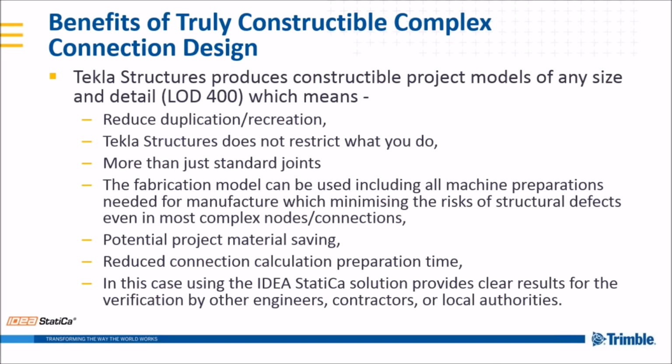Obviously, as already mentioned, the fabrication model can be used, including all material, bolts and welds information for efficiency. Combined connections and manually added stiffeners can be adopted rather than just standard joints. That fabrication model, complete with all machine preparations needed for manufacture, can be used to minimize the risk of structural defects regardless of the complexity of the node and connection.